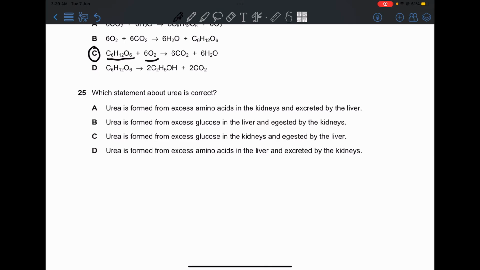Now, 25, which statement about urea is correct? Now, we know that urea is formed from excess amino acids, so we're going to be choosing between A and D, not B and C, because urea is not formed by excess glucose.